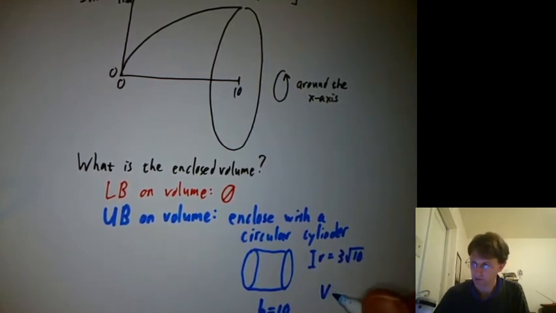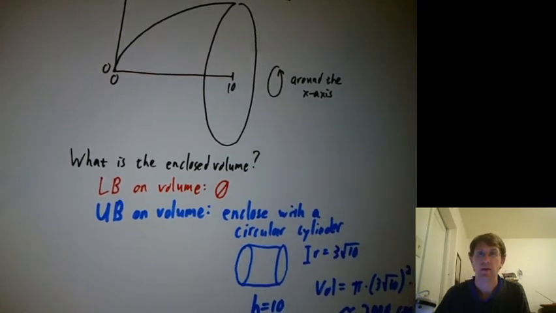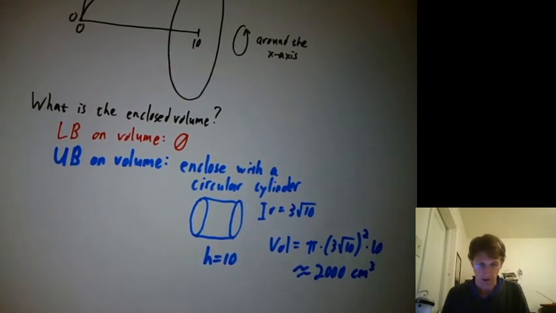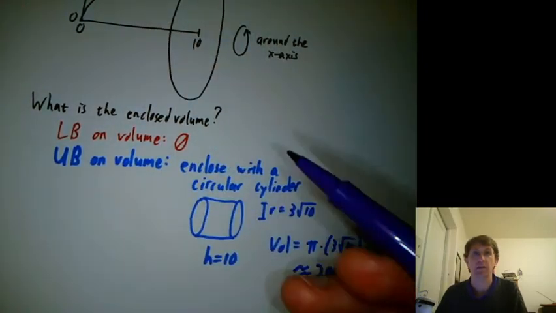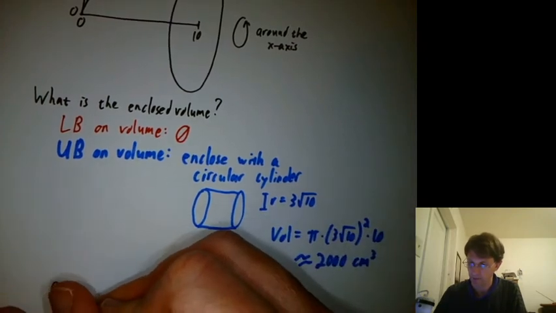So a volume of pi times 3 root 10 squared times 10, which is around 2,000 centimeters cubed. All right, we could do a guess, wouldn't hurt, because we know not all the area of that cylinder is filled up, right? There's this backing part over here.